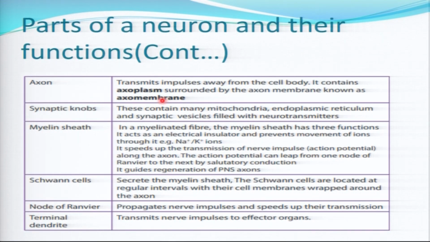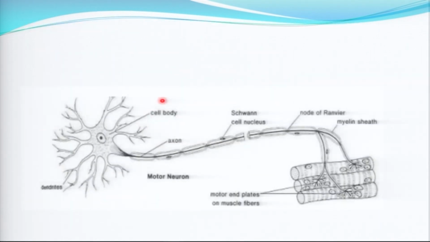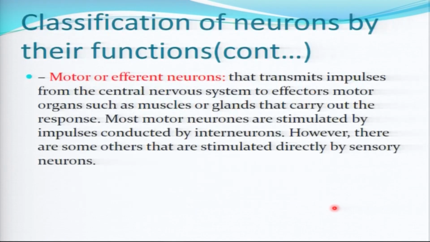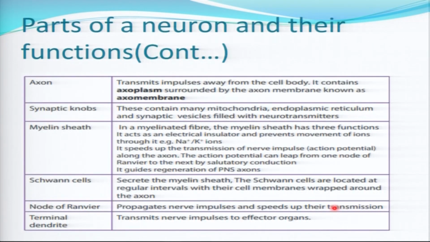Then we have synaptic knobs. Synaptic knobs are on this side, you can see, where two neurons can meet. This is what you call synapse. Then you have what you call synaptic knob. So what's the function of this synaptic knob?